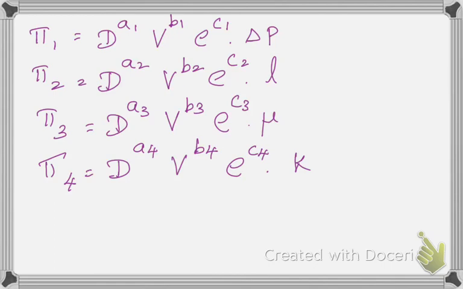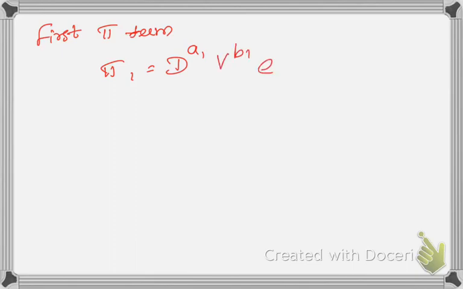So first we'll take our first pi term. Pi 1 is equal to d^A1 V^B1 rho^C1 del P. Now we have to write the dimensions for each and everything.